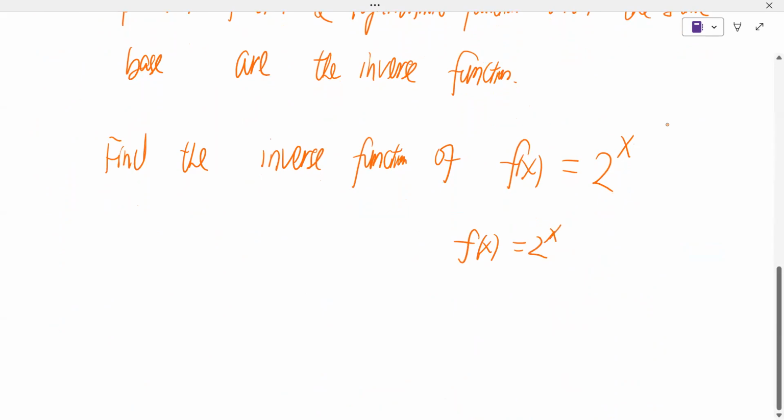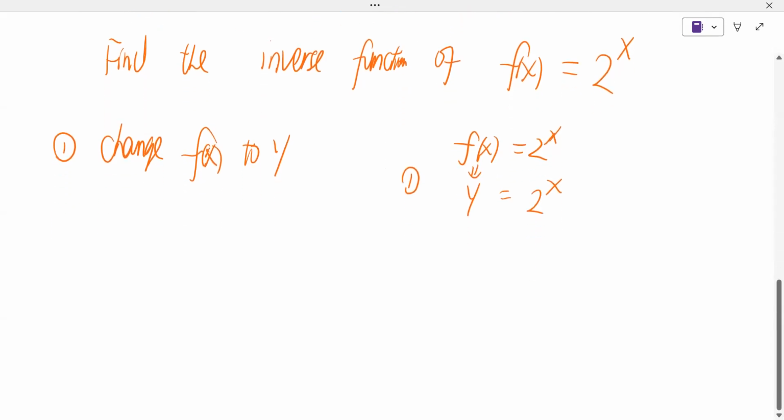So step 1, change f of x to y. So this becomes y equal to 2^x.